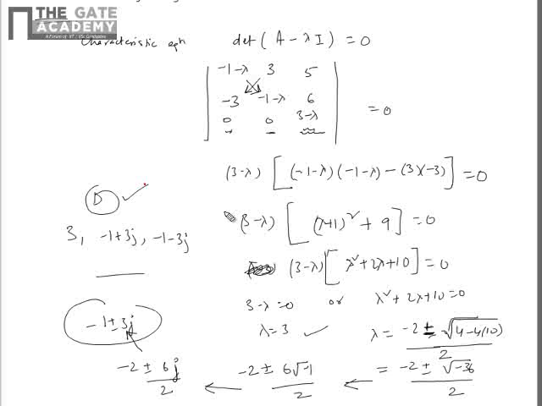So 3 eigenvalues for a 3 by 3 matrix, and this is the standard procedure for finding eigenvalues. The 2009 EC problem was quite an easy problem. Let's now discuss the EC 2005 problem.